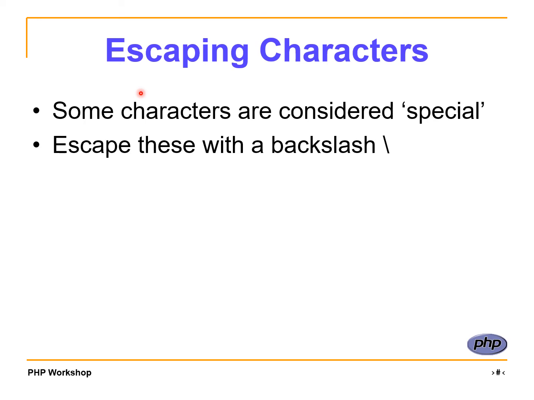Like other programming languages, PHP also has escaping characters. Some characters are considered special, and we can specify these escape characters with the backslash. So backslash is the corresponding symbol which is used to represent the escaping character.